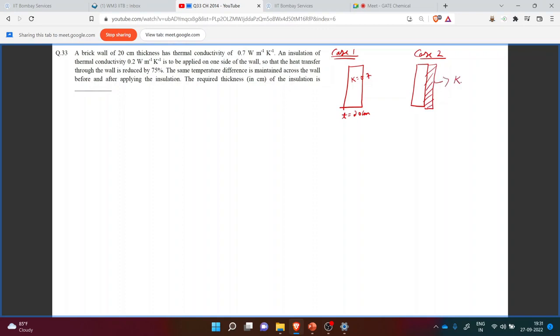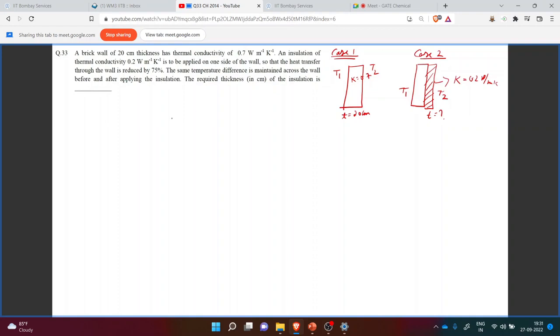For this insulation, the thermal conductivity is 0.2 watt per meter Kelvin, and its thickness we have to find. Now, the temperature difference is the same for both the cases. So let's say the temperature over here is T1, here it is T2, and in this case also the temperature here will be T1, and outside the insulation will be T2.